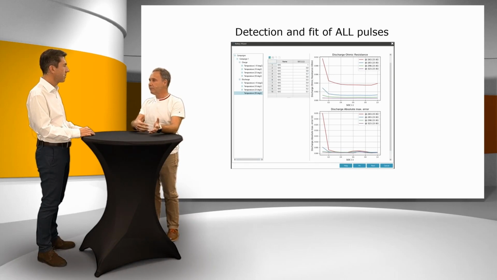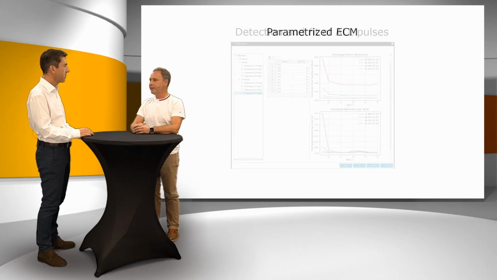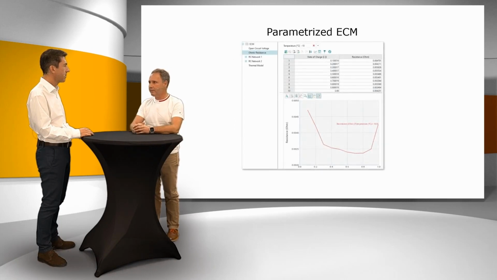And already with the last release, we started to offer the so-called battery tester. So you can nicely create your HPPC profile and just run it directly here within a couple of minutes, the complete HPPC test, and then automatically read this data in.